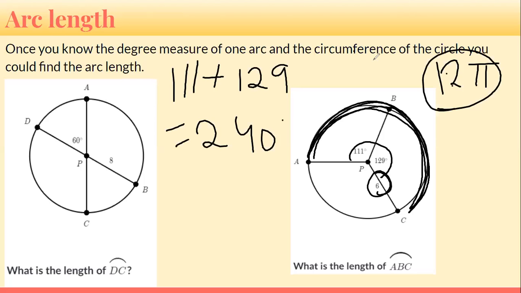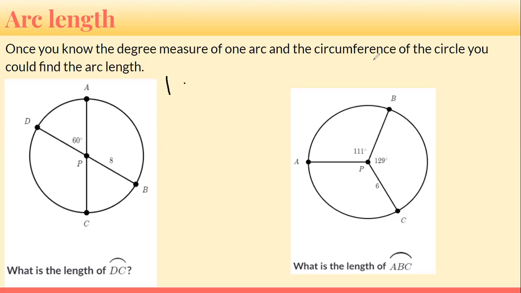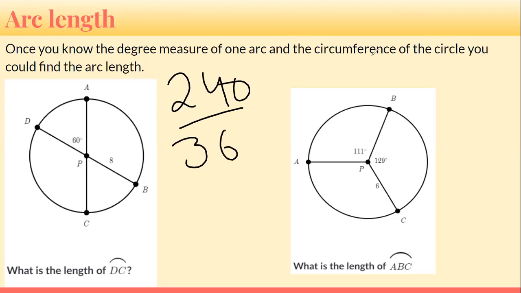Now we set up a proportion. So 240 over 360 is equal to 12 pi over x. Now we could just essentially solve.